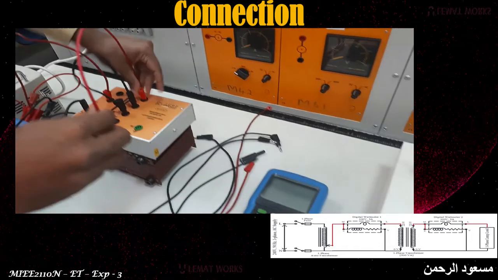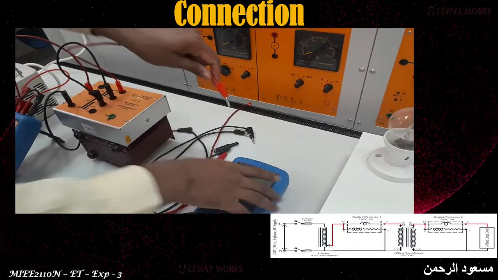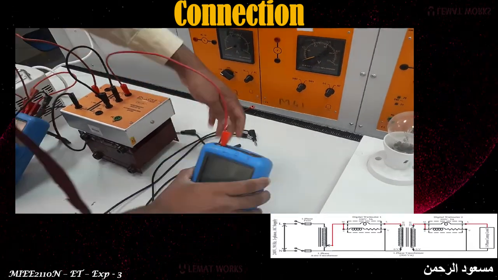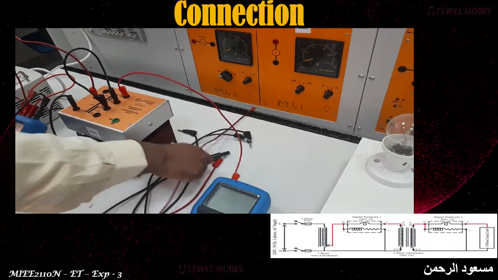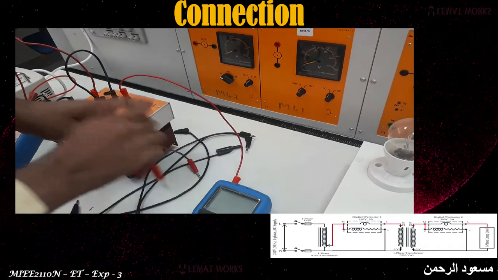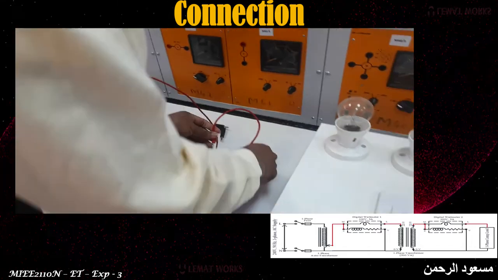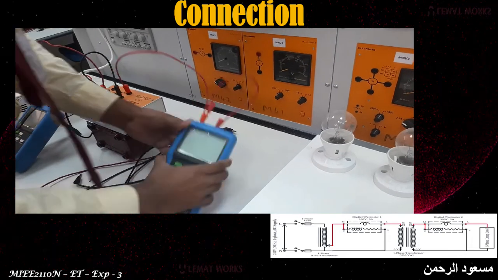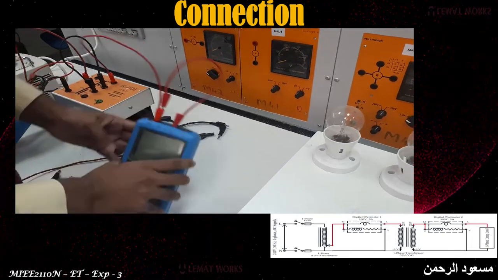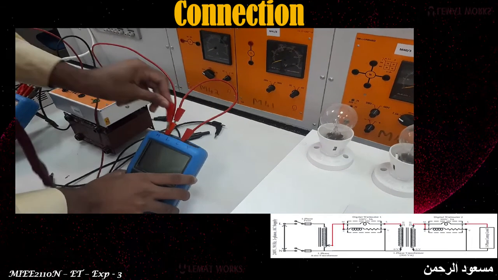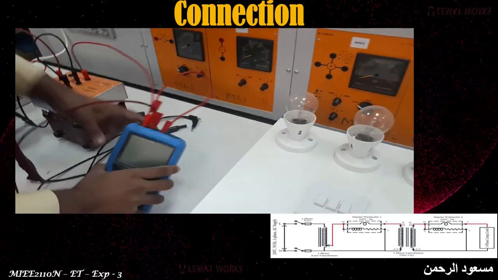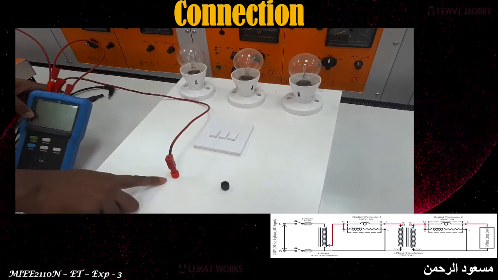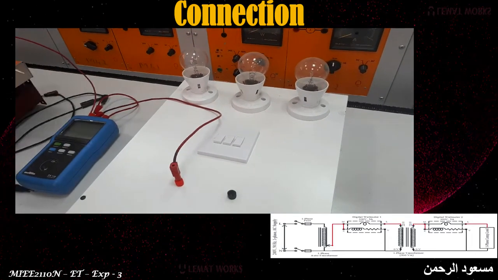Now this will be the 220 volt point, and it is connected to the M point of wattmeter 2. The M point of the wattmeter is connected to the common point of wattmeter 2, and the L point is connected with the phase terminal of the single phase lamp load.